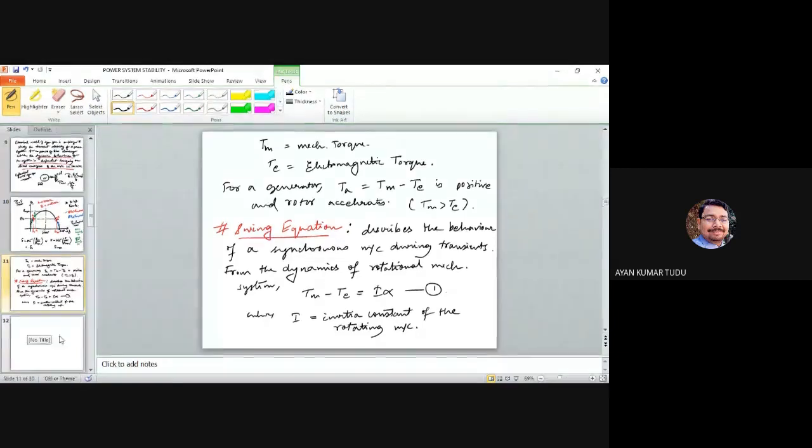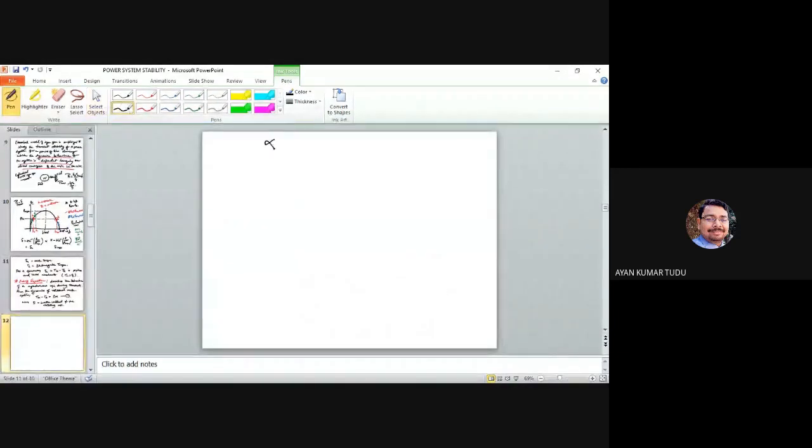Then what we have? Alpha. What is alpha? Alpha is also written as d2 theta m by dt square. This is the angular acceleration of the rotor. And what is theta m?